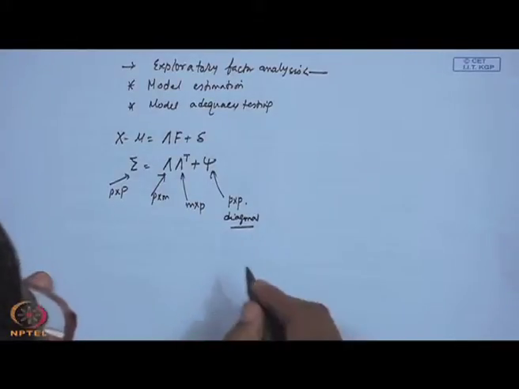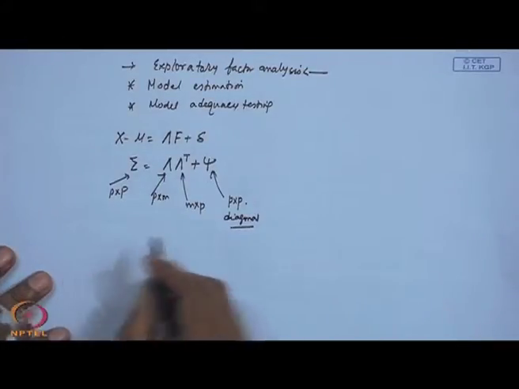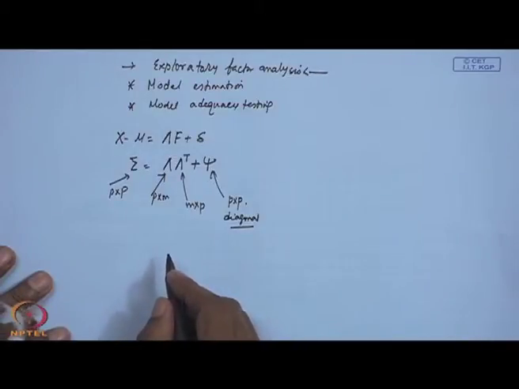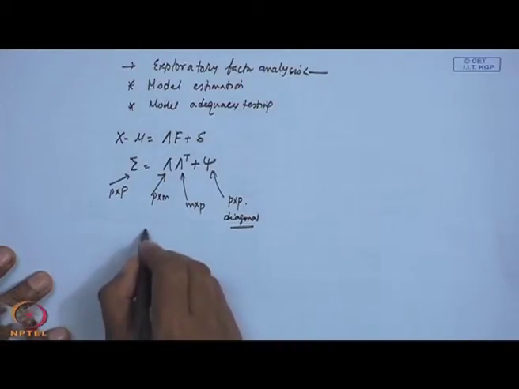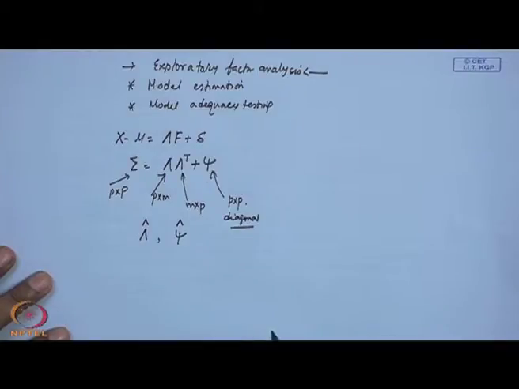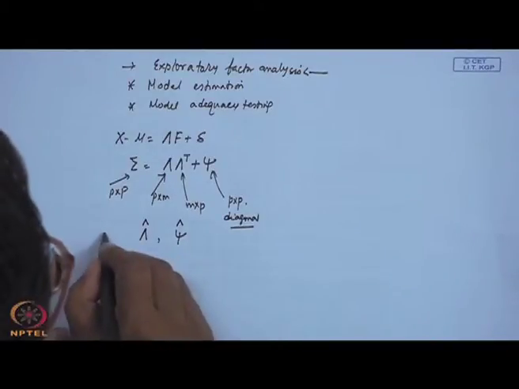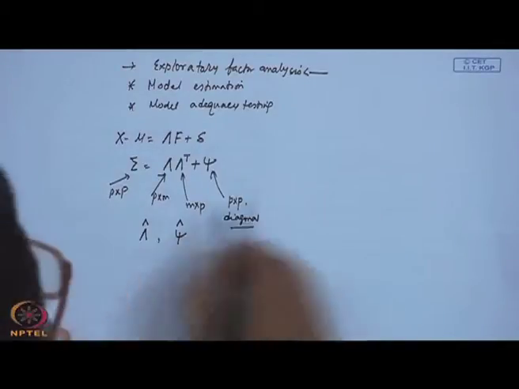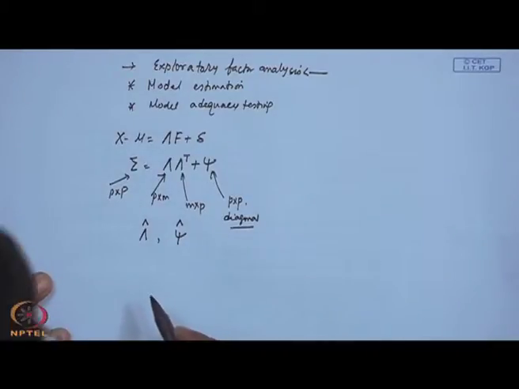Okay. By estimation, what we mean to say, we want to estimate lambda. The estimate of lambda is lambda cap. We want to estimate psi, that psi cap. So now what is known to us?